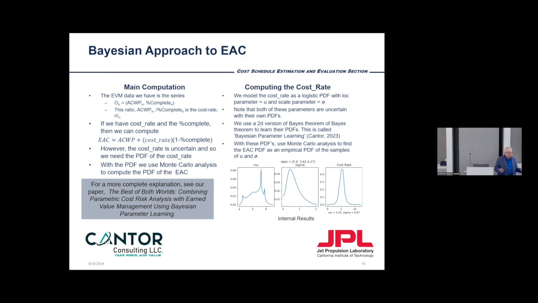But it exploits it in a more modern way, using Bayesian analysis to actually estimate. So once you get the cost rate, you apply that to the percent of work to be done. Then you can predict the future spending that you're going to have. You add that to the actual cost already spent, and then you get what you're going to actually get as an EAC.